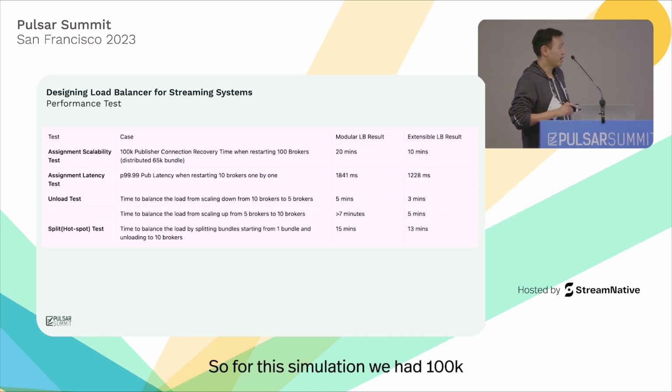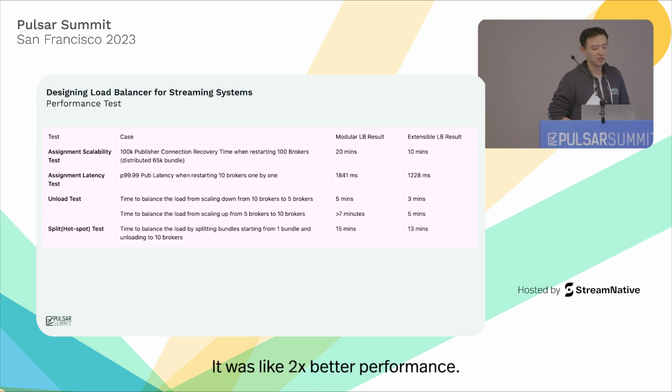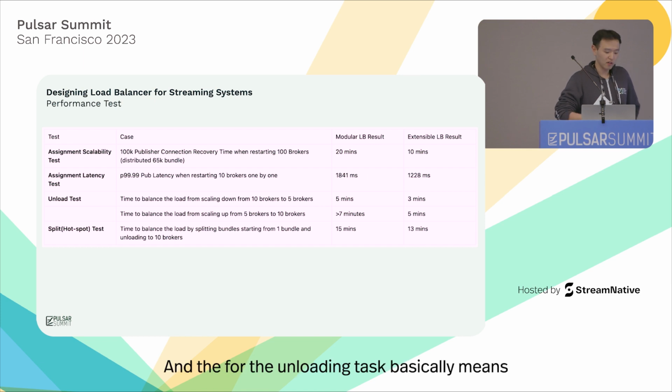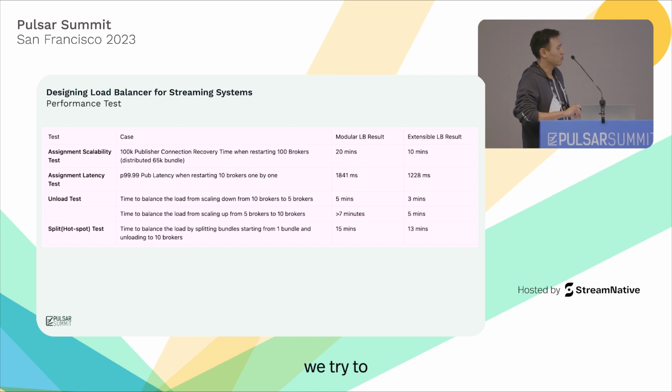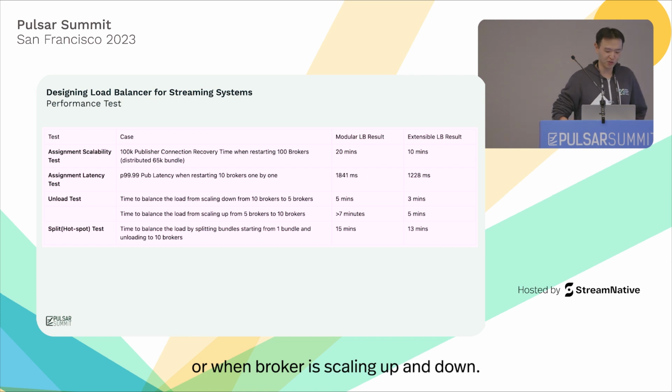For this simulation, we had 100K publishers and 100K topics distributed across 65K bundles, and we saw about 2x better performance. The unloading test is to see how quickly you can unload when the brokers are scaled up and down.